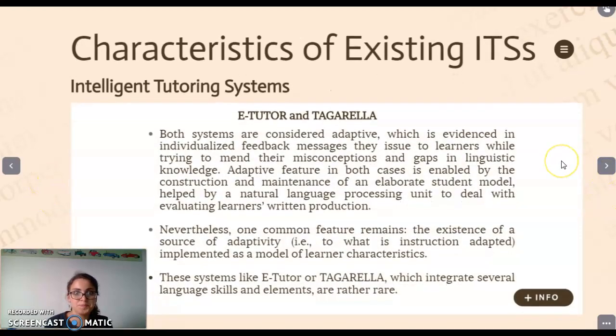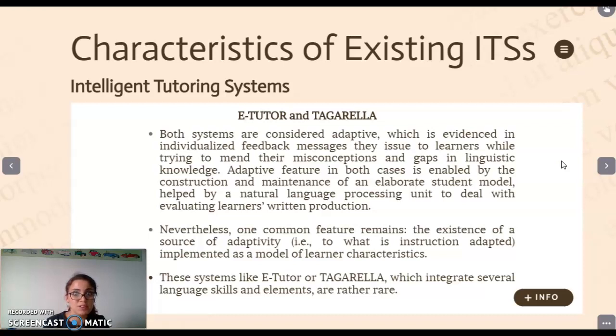Both systems are considered adaptive, which is evidenced in the individualized feedback messages they give to the learners while trying to document their misconceptions and gaps in linguistic knowledge.